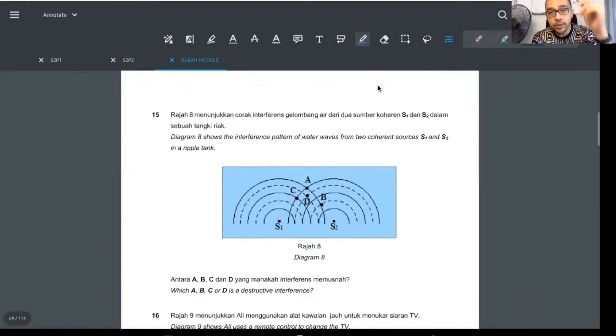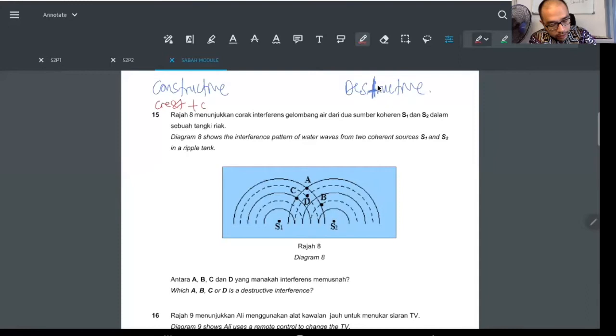Now, interference. When interference happens, there are 2 types: constructive and destructive. Constructive is when crest plus crest, or trough plus trough. Destructive is when a crest plus a trough combine.